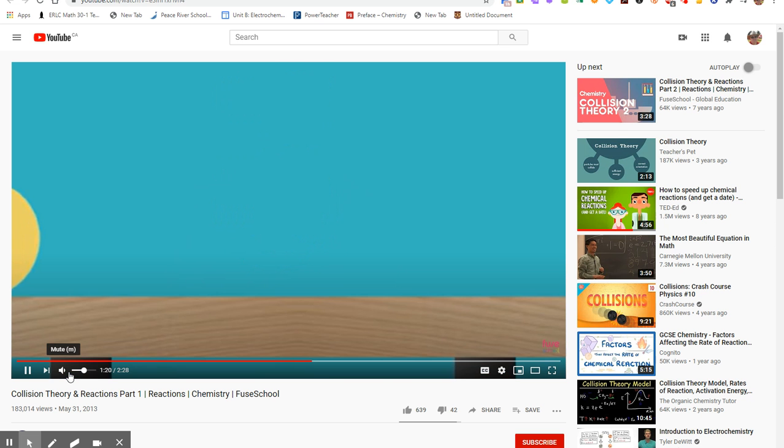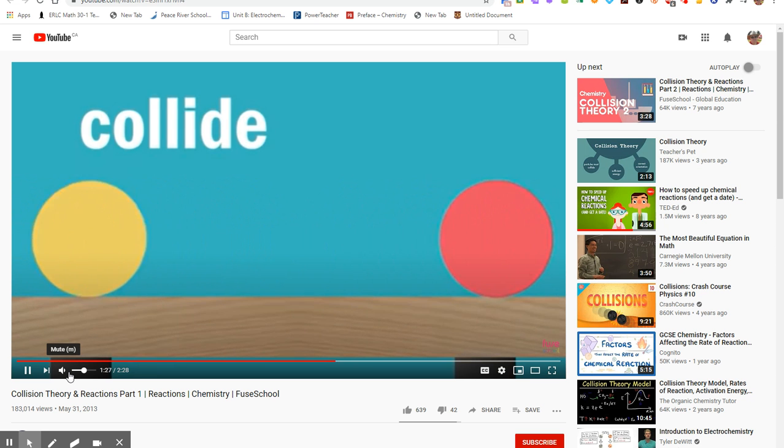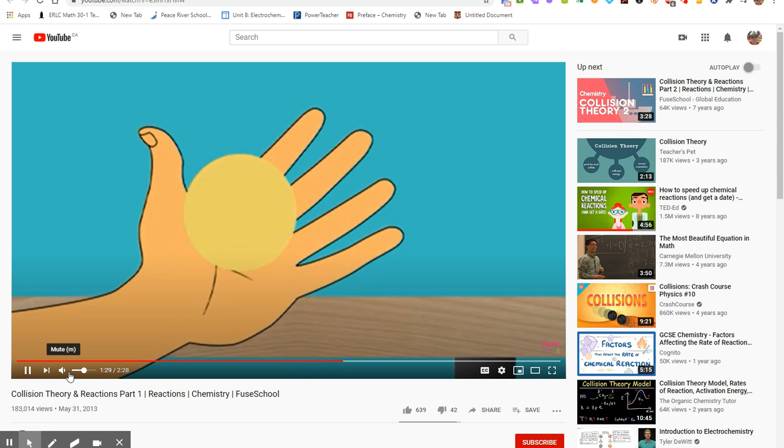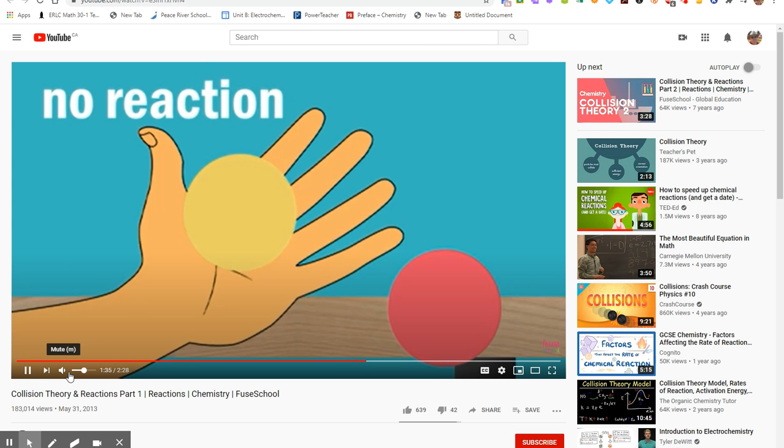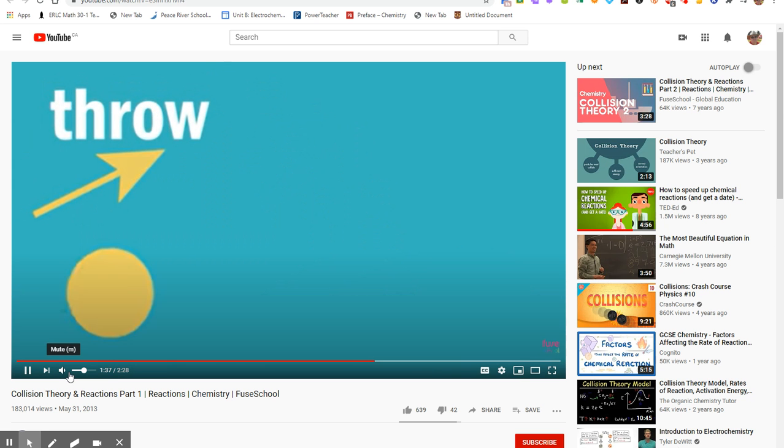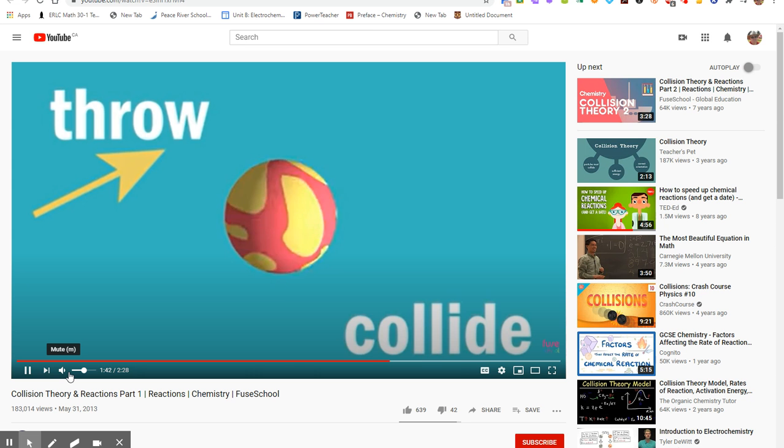If you slowly roll the ball of yellow plasticine towards the ball of red plasticine, they will collide. However, if you pick up the ball of yellow plasticine, the ball of red plasticine will not be stuck to it. No reaction. If you throw the ball of yellow plasticine at the ball of red plasticine, again they will collide.